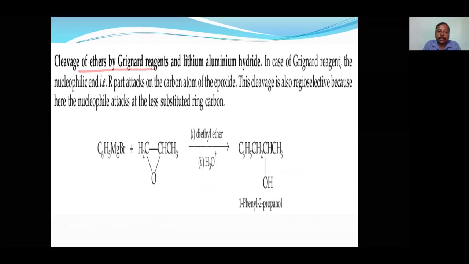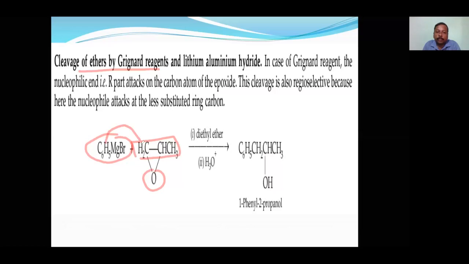Cleavage of ether by the Grignard reagent. This is again used to increase the number of carbon atoms in a conversion. Suppose they say convert propane to pentane, then this is the best method used. So here C6H5MgBr with the epoxide. Simple: one part will be converted to alcohol.